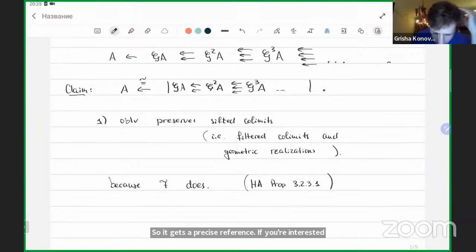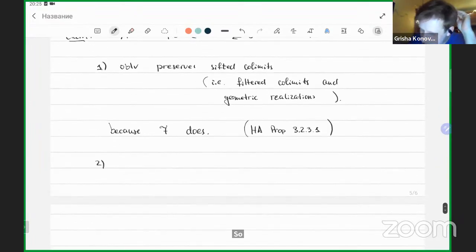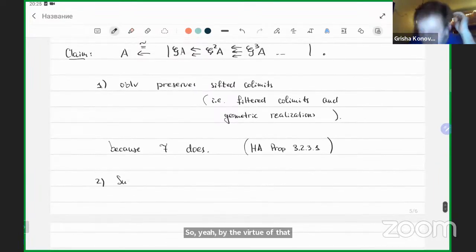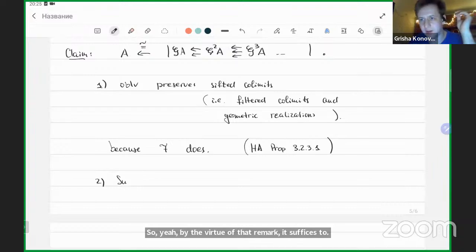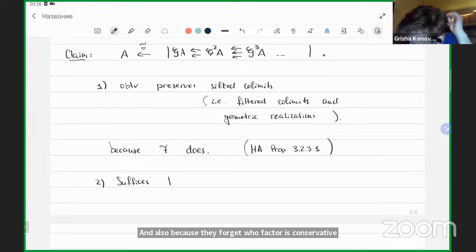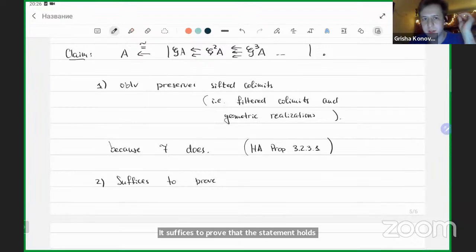So by virtue of that remark, and also because the forgetful functor is conservative, it suffices to prove that the statement holds after we apply the forgetful functor to the whole thing.